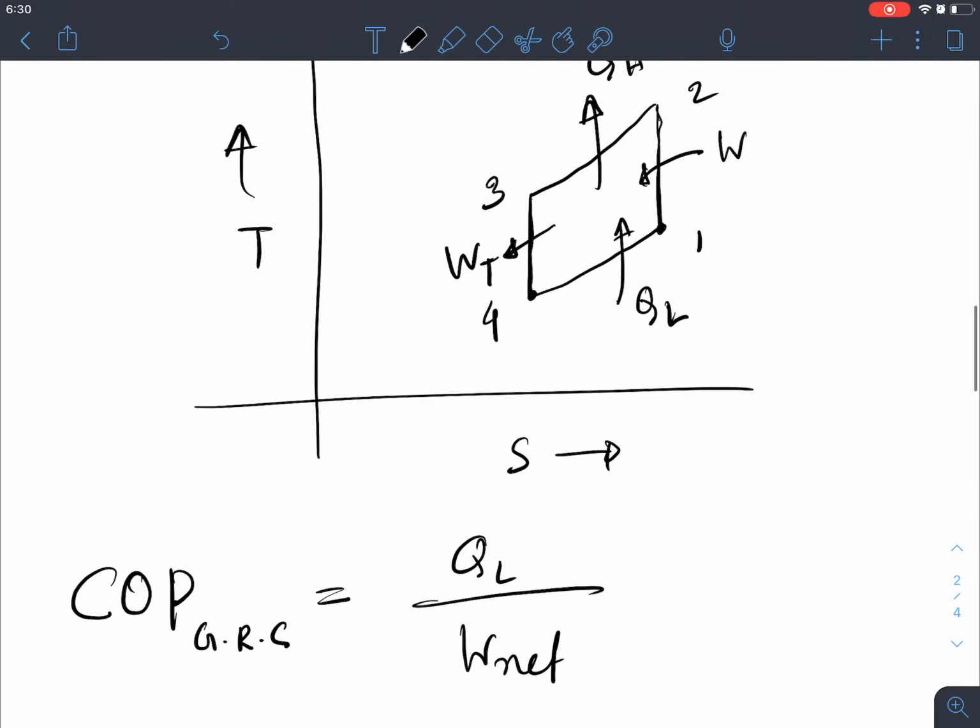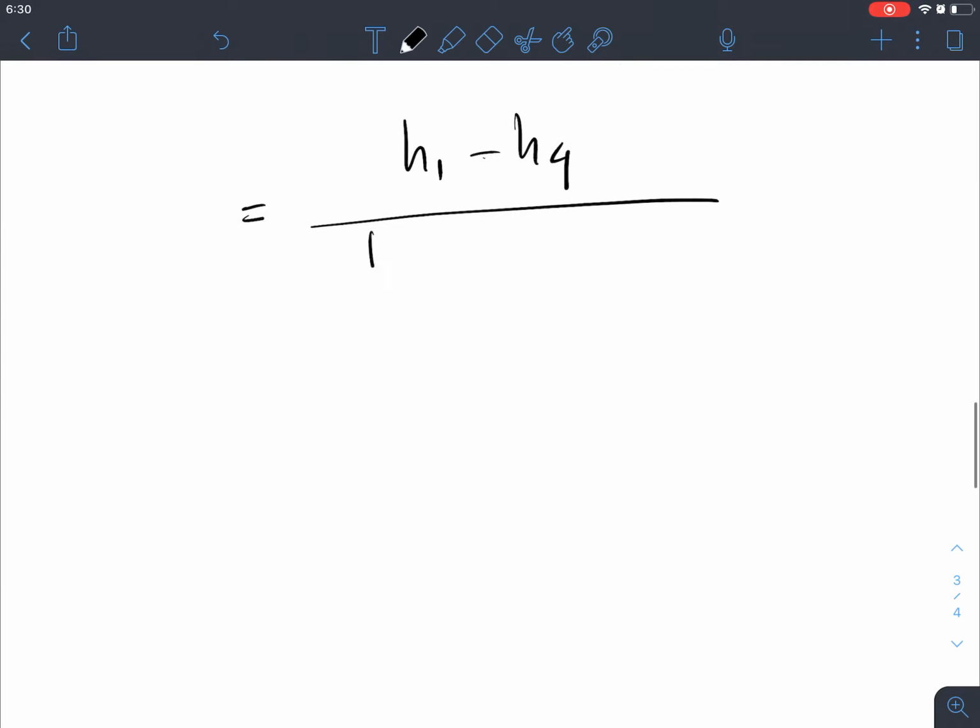And then what is the W net? W net is nothing but the compressor work minus the turbine work. So W compressor input minus W turbine output.